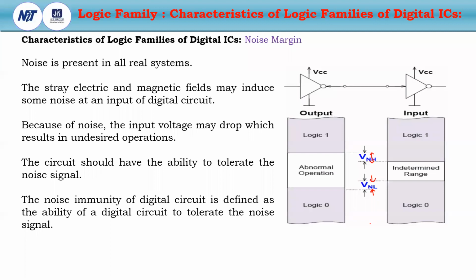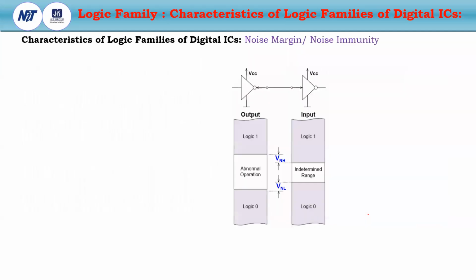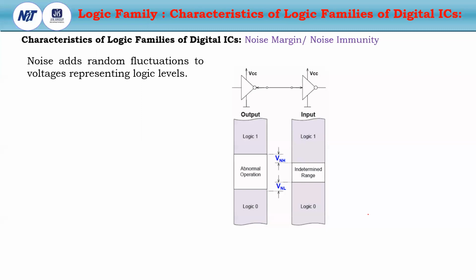The noise immunity of a digital circuit is defined as the ability of a digital circuit to tolerate noise signals. Noise adds random fluctuations to the voltages representing the logic levels. Already I told, these are the logic levels, the high level noise and the low level noise.